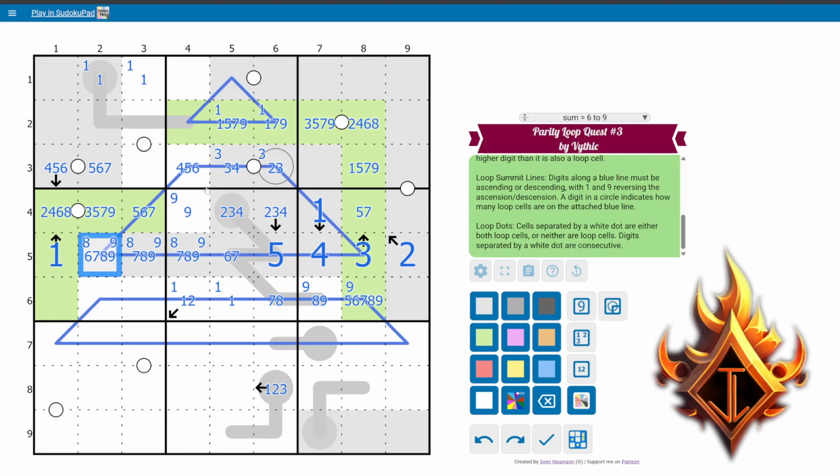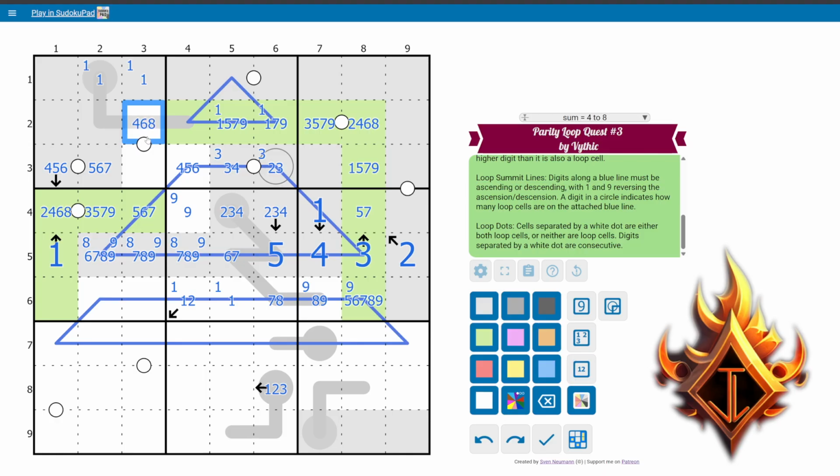Still not quite sure if that is grabbed up or not. I know that those are not. Might as well mark them. If that was 2, 4, 6, well, it wouldn't be 2. It could be 4. It'd be 4, 6, or 8.